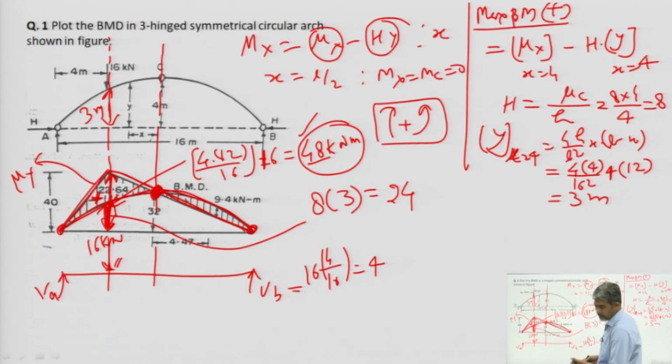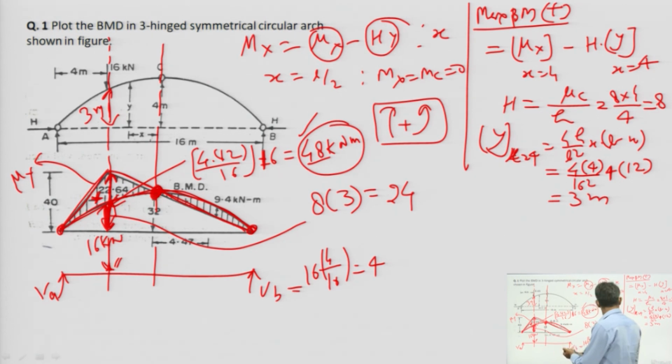Value of y: 4 into h, h is 4, divided by 16 square, multiplied by 4 into 16 minus 4, 12.